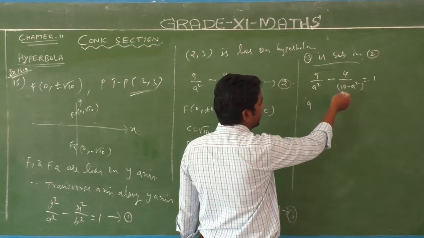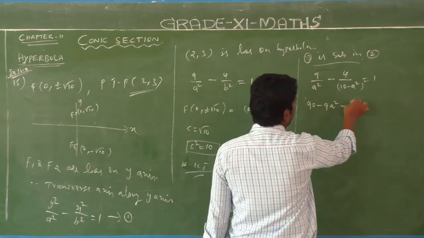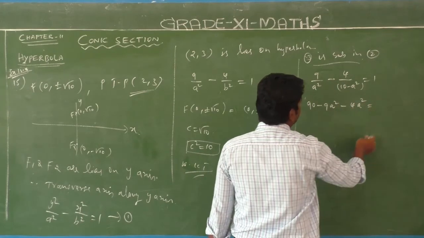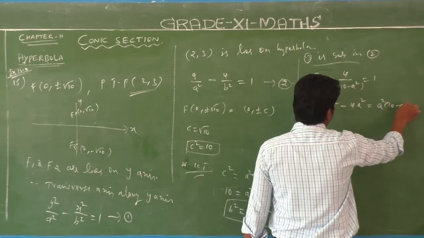9 times (10 minus a squared), 90 minus 9a squared, minus 4a squared, equals a squared times (10 minus a squared).